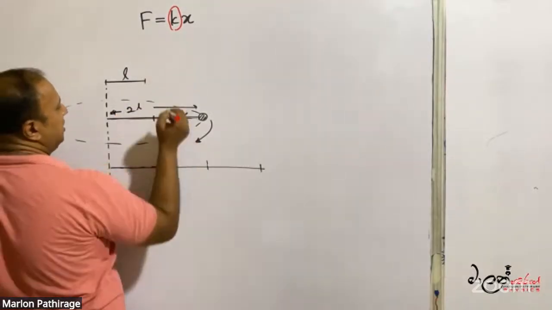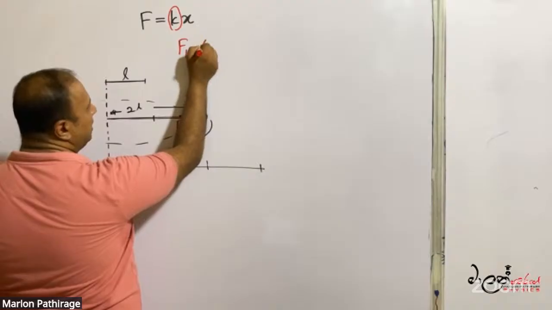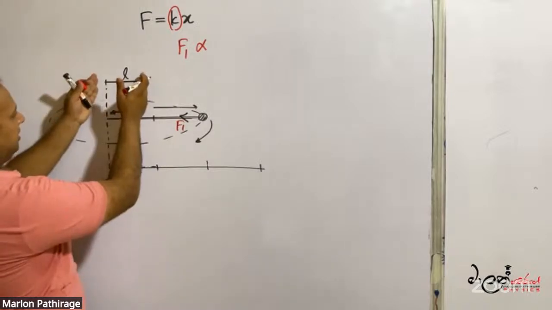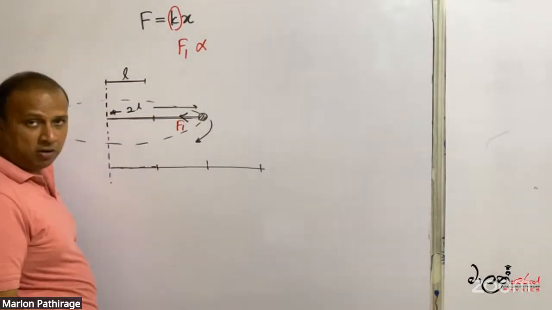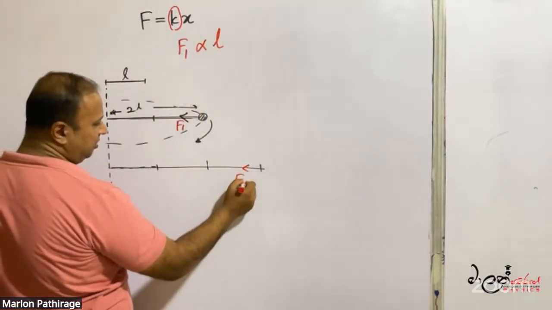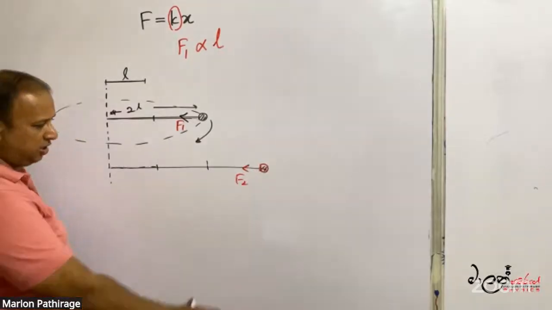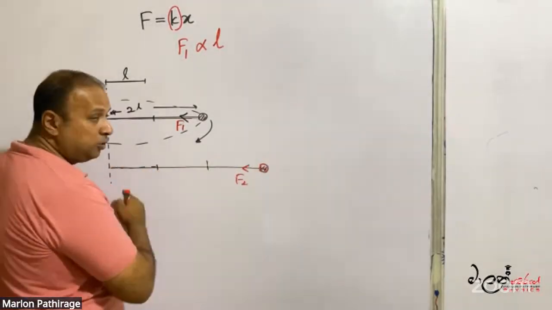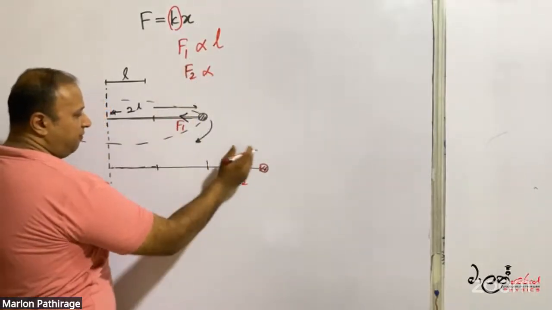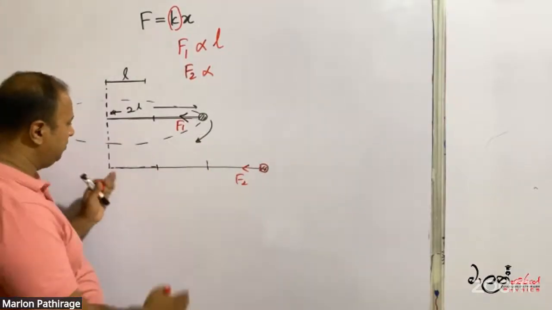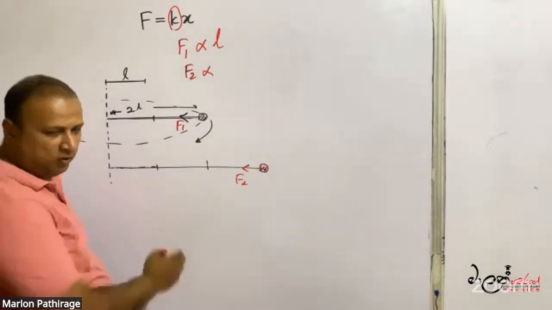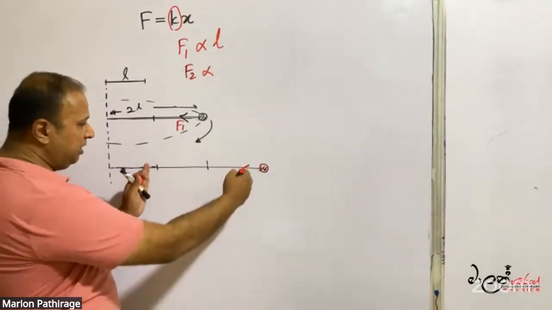Therefore, the initial tension force F1 corresponds to the initial elongation, that is L, because the initial extension is L. Then the final tension force F2 is proportional to the final elongation. The string was initially of length L, and now it is stretched to 3L, so the final elongation should be 2L, because from here to here is 3L.